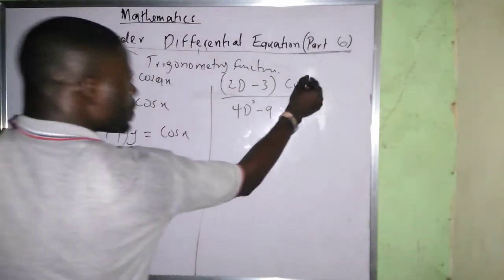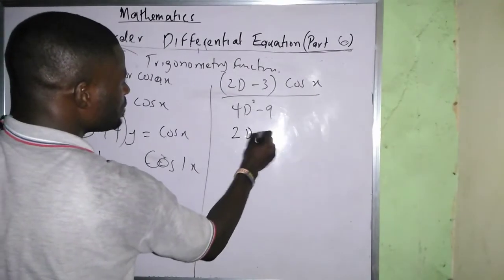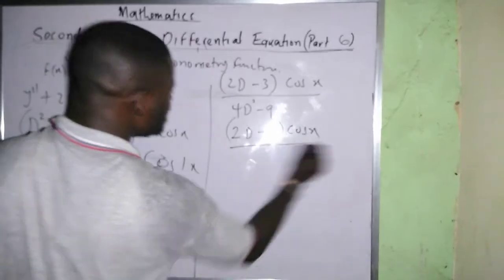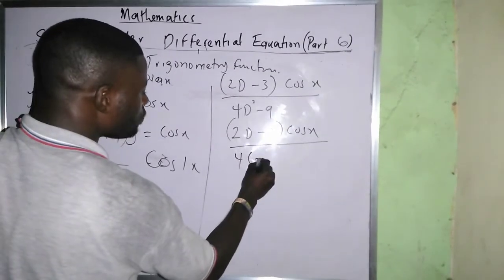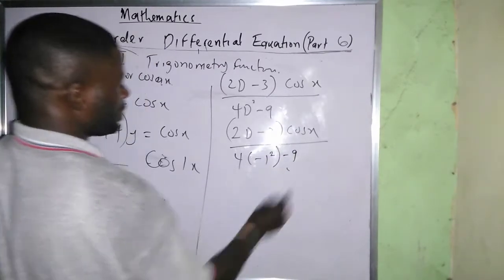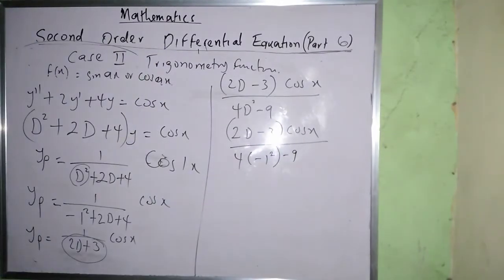Now, I will move on. I will say that 2D minus 3, bracket of cos x, divided by 4 bracket of minus 1 squared minus 9, which gives 4 minus 4 minus 1 to be minus 13.